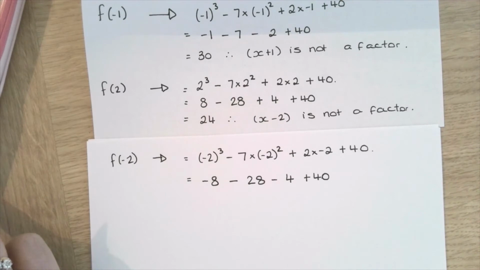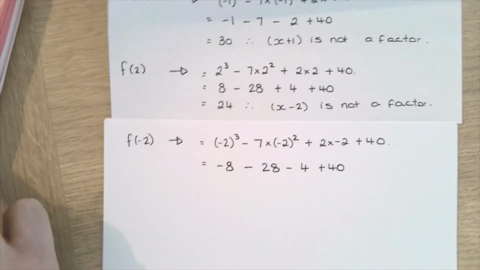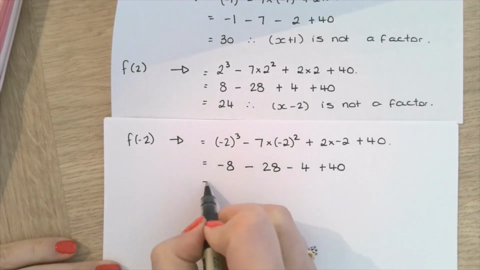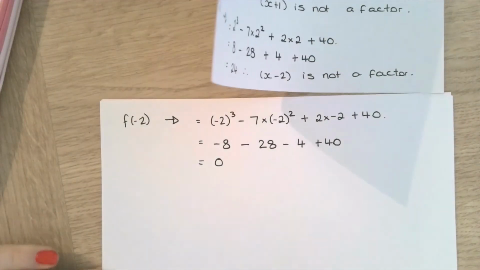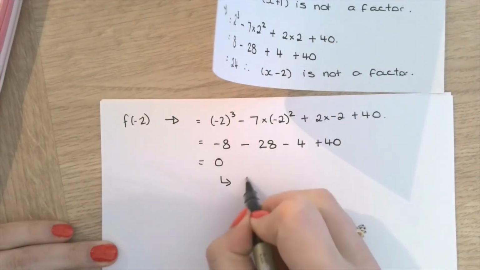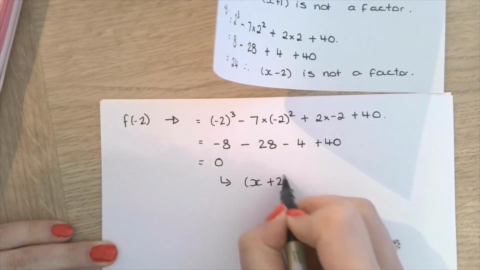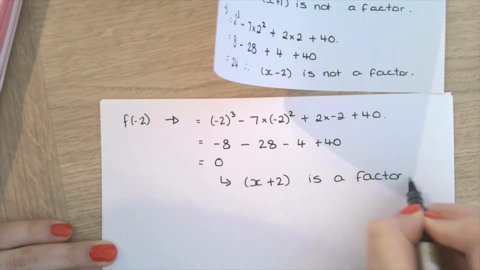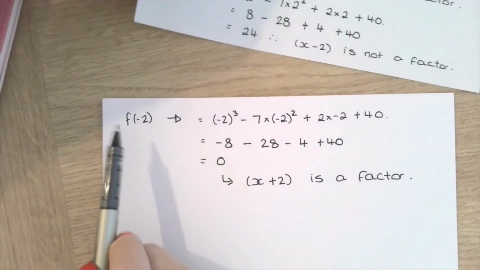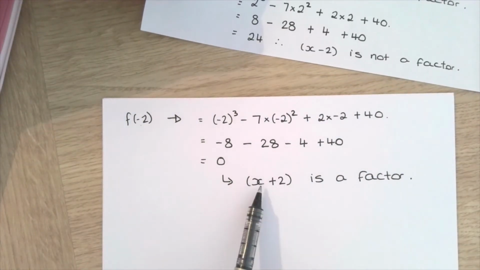Add this all up, and I do get 0 this time. Therefore, I know that x plus 2 is a factor. Because I've done f of negative 2, that must mean that x plus 2 is a factor.